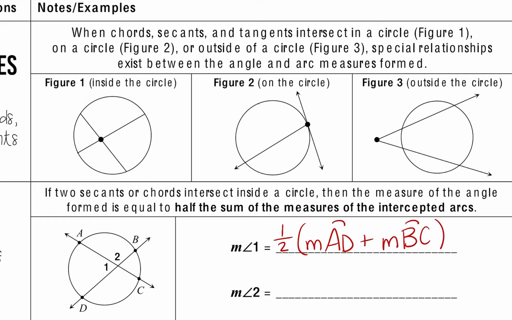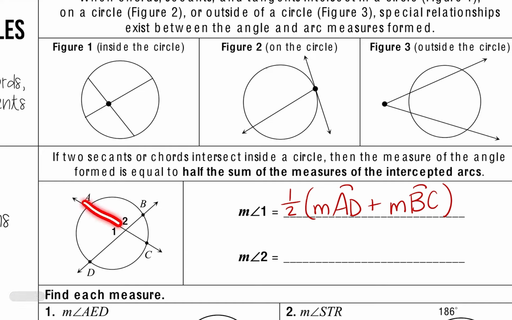So let's look at that on the image. In order to find this angle measurement, I need to add this arc and then take a half of that total.